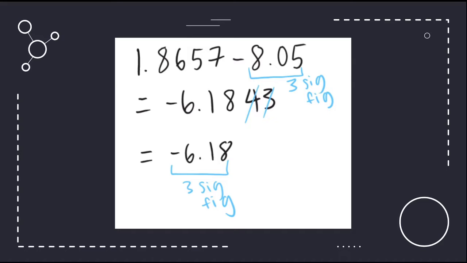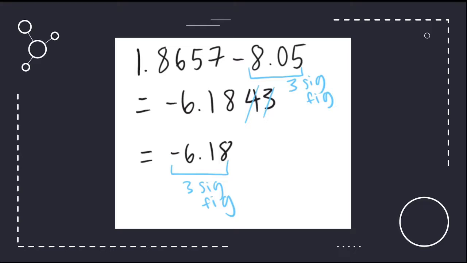Now, this equation is a subtraction problem. 1.8657 minus 8.05. Now, we know that 8.05 is 3 significant figures because the 0 is also included because it's in between the 2 digits and it is after a decimal point.